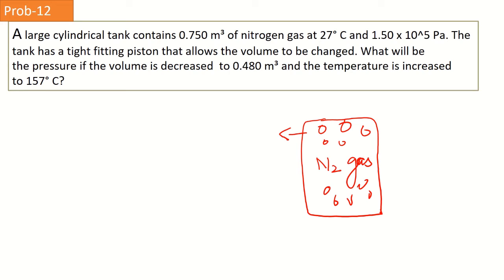Here, this is the volume. The question says the volume of the gas is 0.75 meter cube, and the temperature of the gas is 27 degrees centigrade, and this is the pressure of the gas.